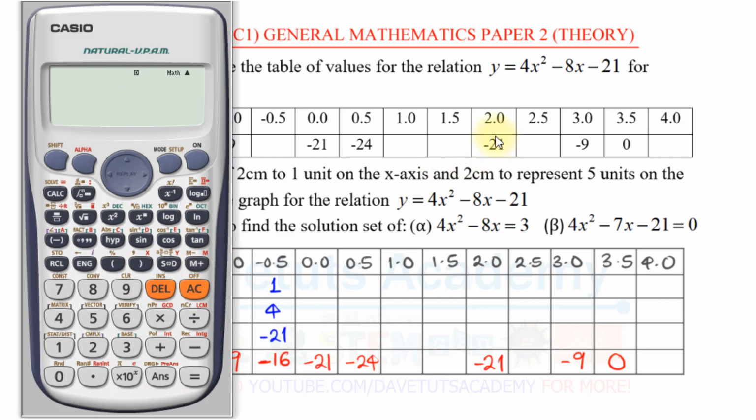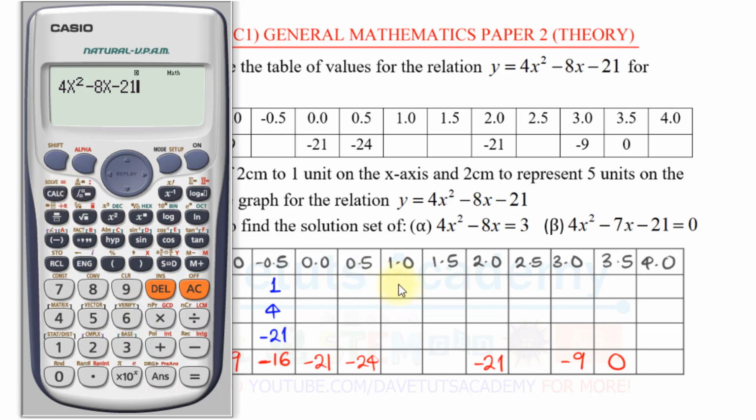On our calculator, we can input this particular equation and say 4x raised to the power 2, minus 8x minus 21. Then we can use the calc button to put in all the various values of x.